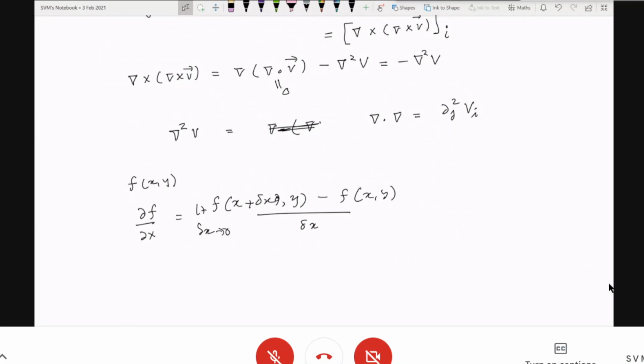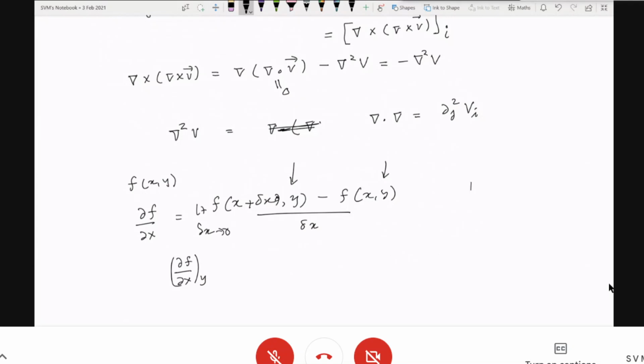This is the partial derivative. So here y is fixed. So we don't write this as dou f by dou x at fixed y, because this is understood.